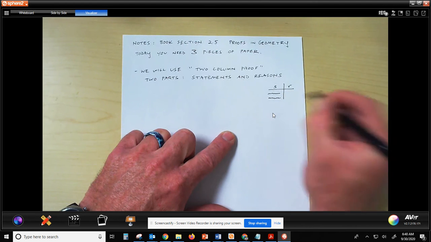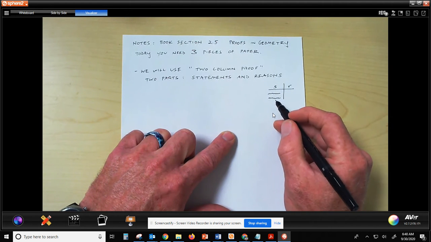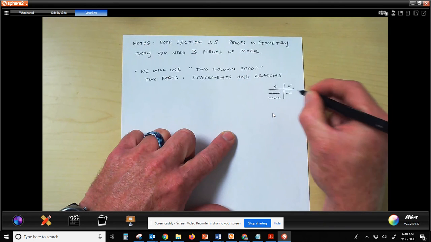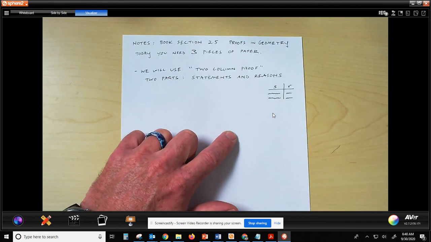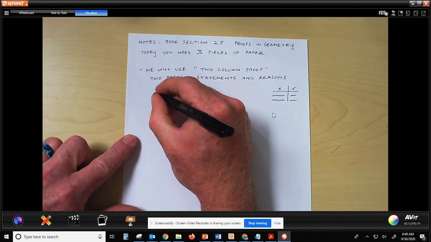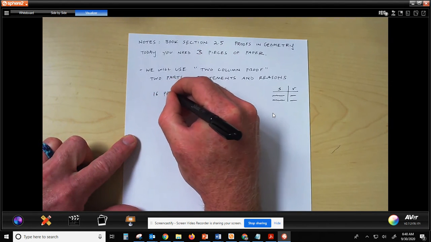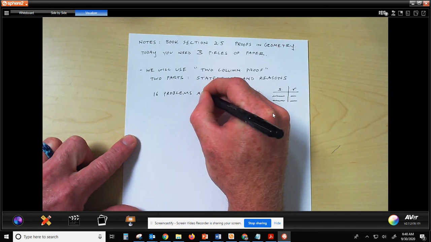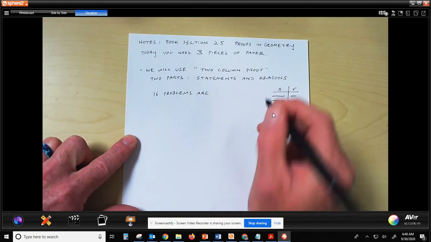So you'll write information here on the left as a statement in math language, and then a reason with a few words on the right. So there's a general model of how 2-column proofs are going to look. 16 problems are assigned in the online textbook.